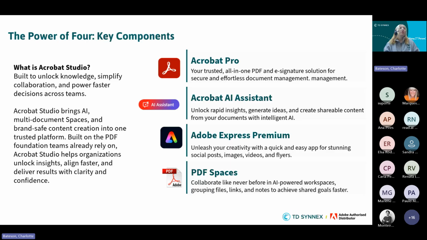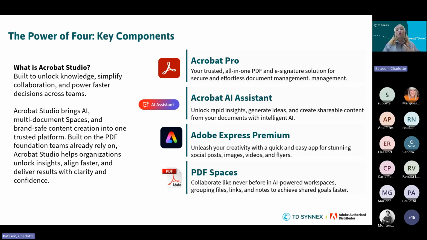Acrobat Studio is built of 4 components. We have Acrobat Pro, your all-in-one trusted PDF and e-signature solution. We have AI Assistant, which unlocks rapid insights, generates ideas, and creates shareable content, as we've previously mentioned. We then have Adobe Express Premium, which unleashes the creativity in a quick and easy app.